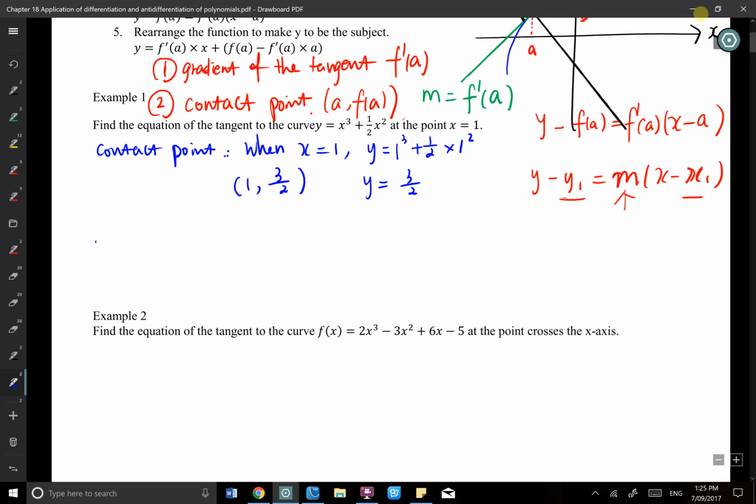Second is the gradient. If we mention gradient, I must have dy/dx. That's 3x squared plus x.